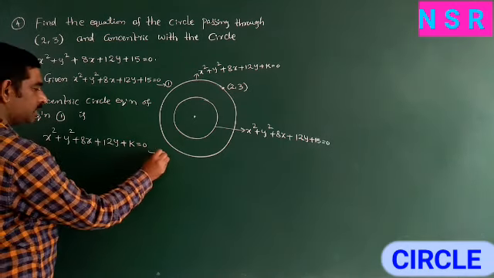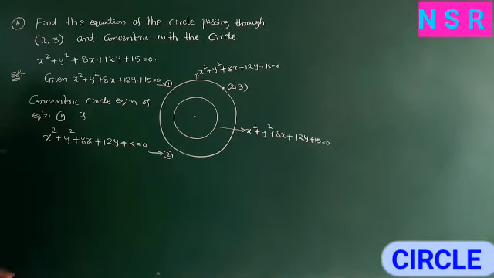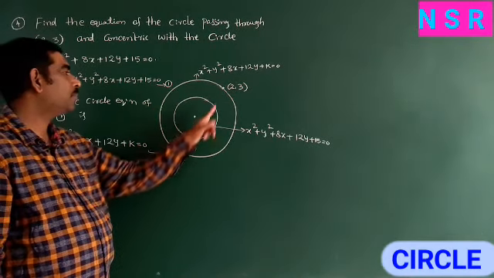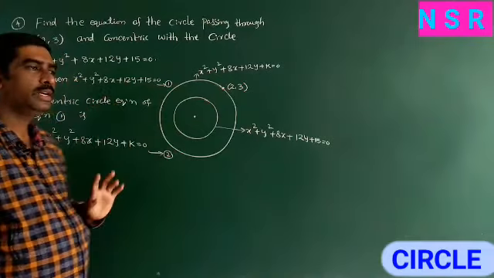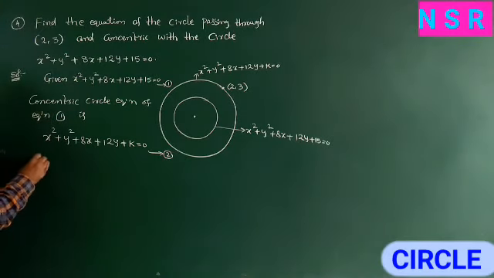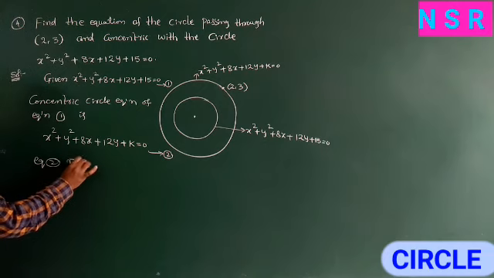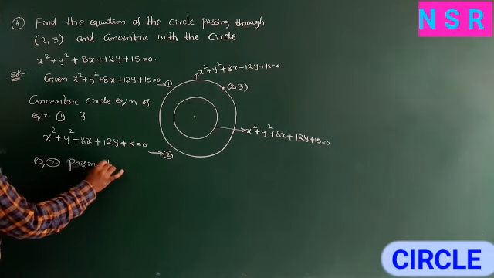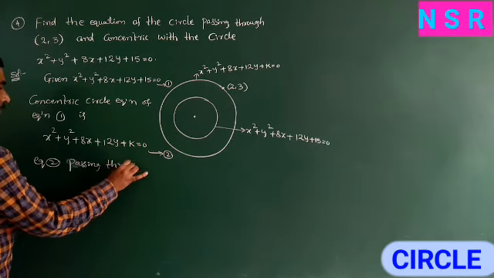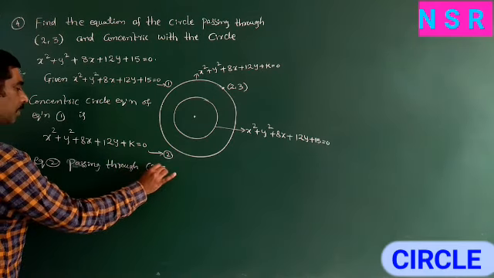Take this as equation number 2. Now this concentric circle passes through one point, that is (2, 3). Now write: equation 2 passing through (2, 3).